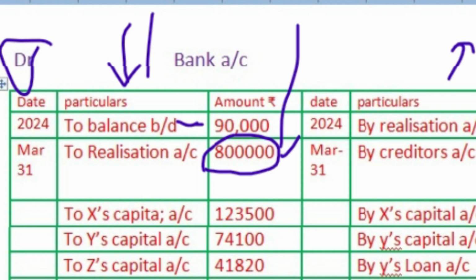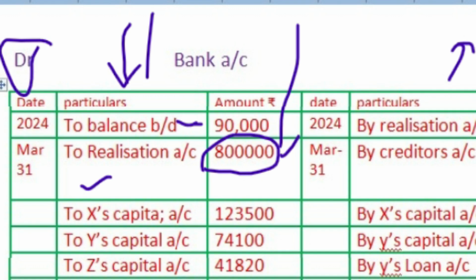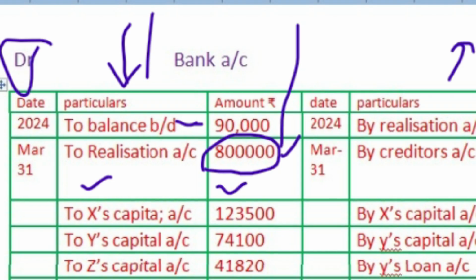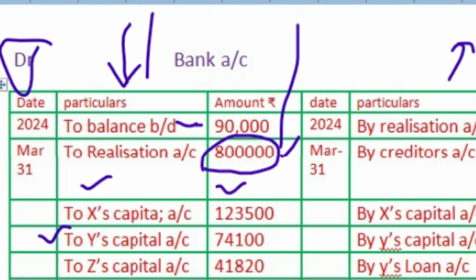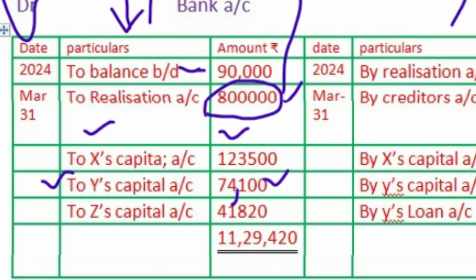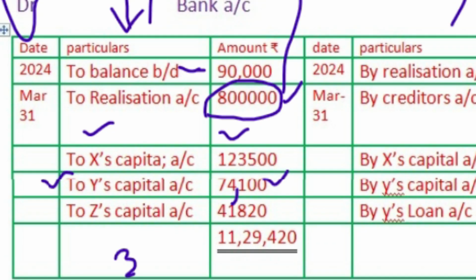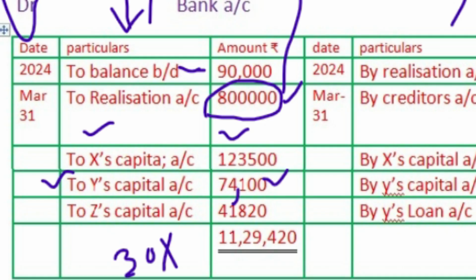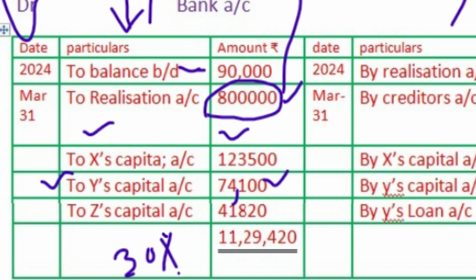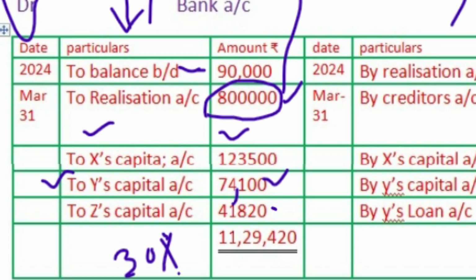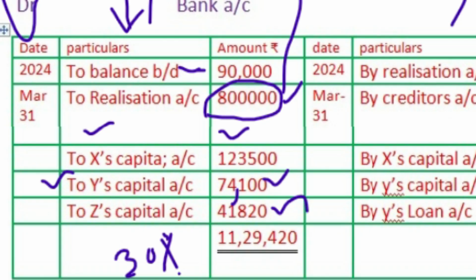And equal to the loss on realization, partner X brought 1,23,500. Similarly, partner Y brought his share of loss on realization, 74,100. And Z's capital realized only 30%, that is the cash brought into the business, 41,820.